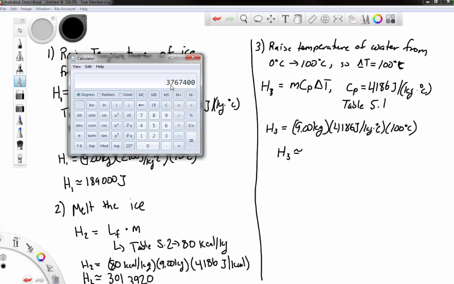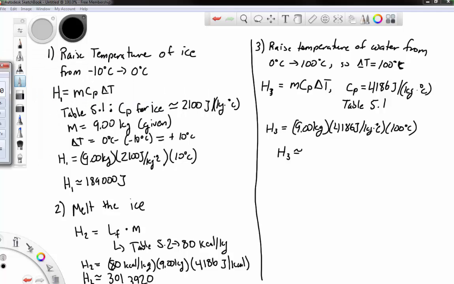So this is 3,767,400 joules. So step 3, 3,767,400 joules.